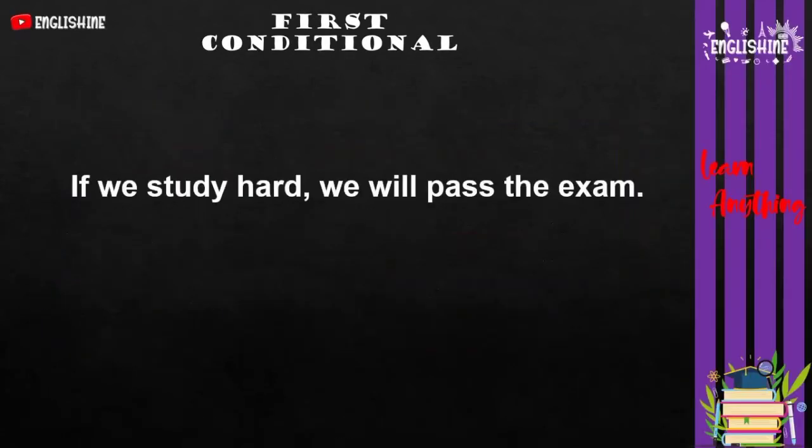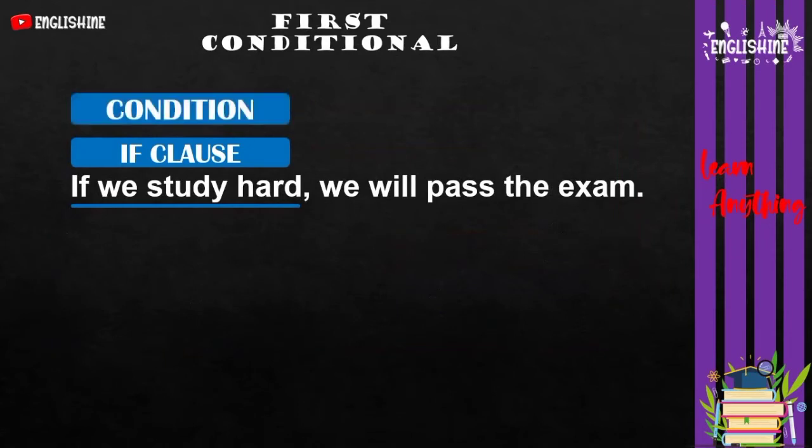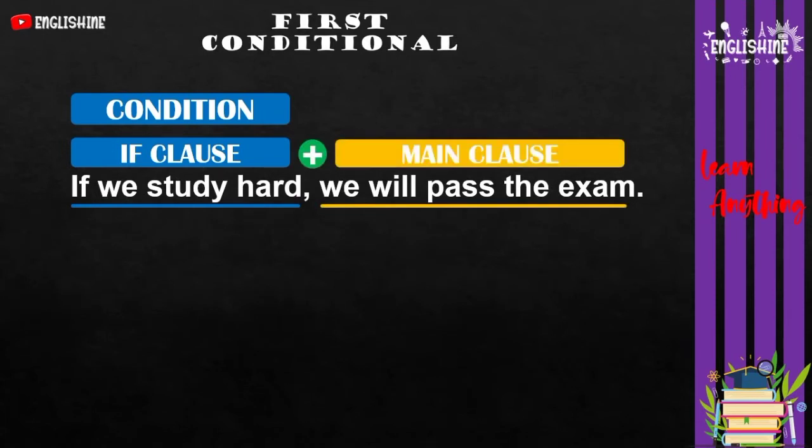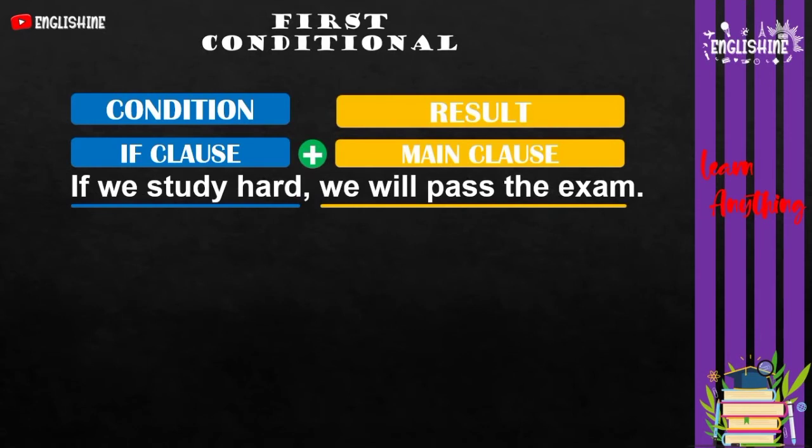Notice the example. If we study hard, we will pass the exam. The sentence "if we study hard" is the if clause, the condition, and the sentence "we will pass the exam" is the main clause, the result.